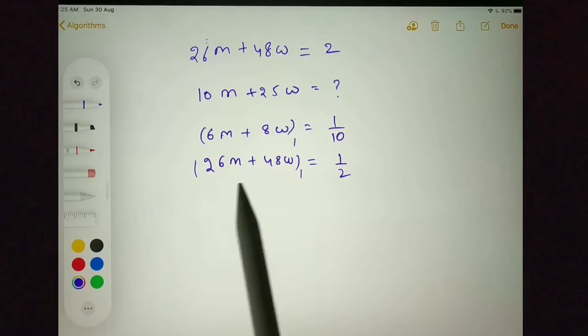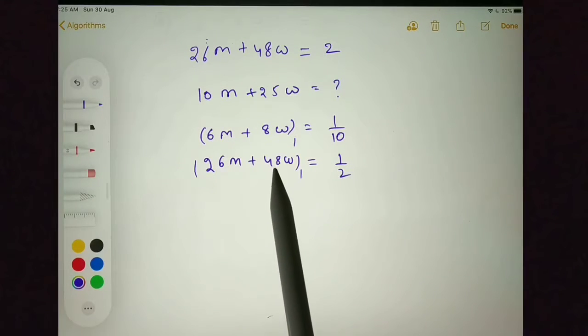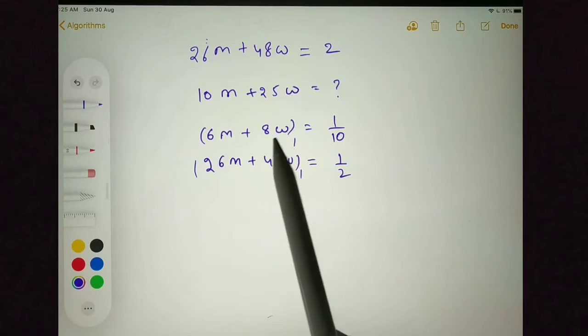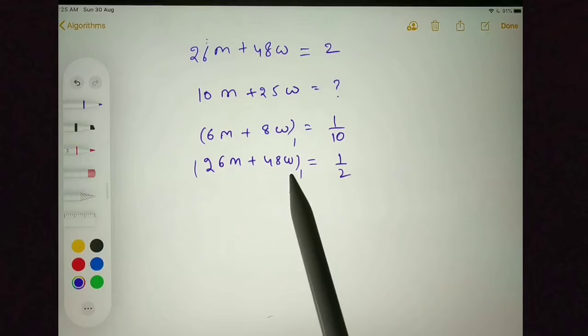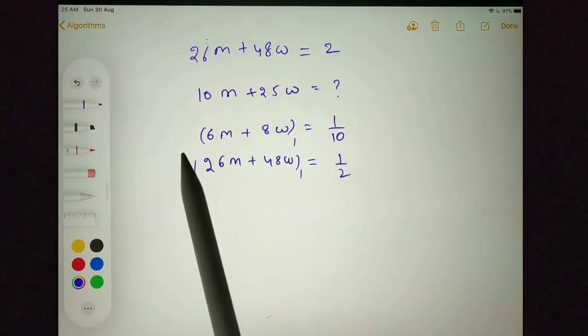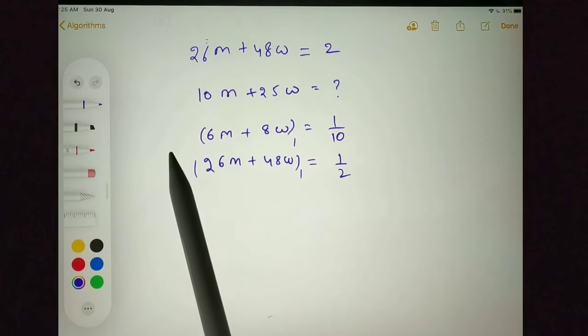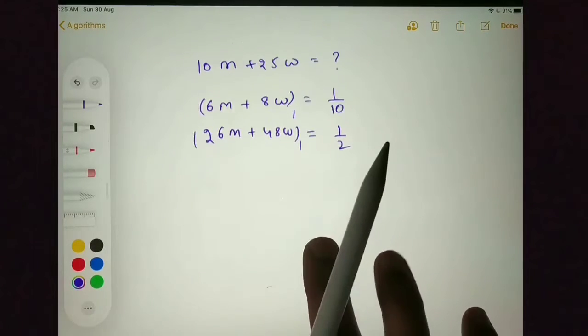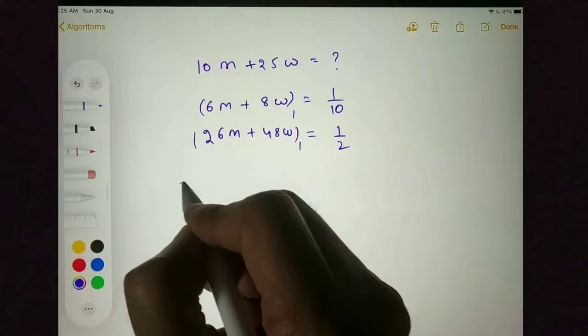Here, to solve the equations, we need to make either 6 men into 26 men or 8 women into 48 women. So multiplying the first equation with 6 gives us 48 women, so that we can cancel. Let us multiply the first equation with 6.